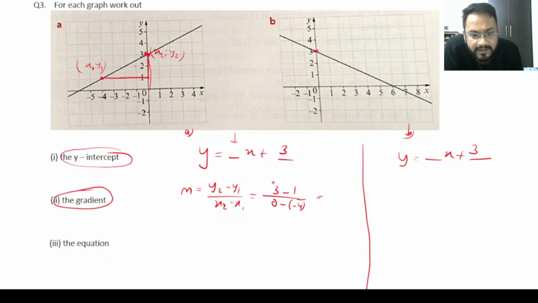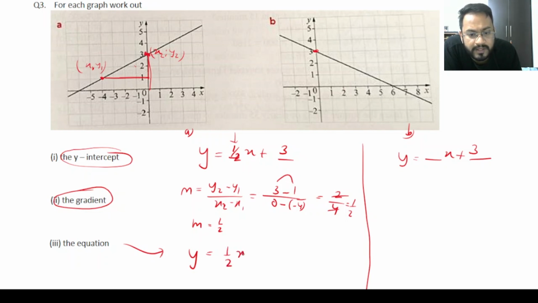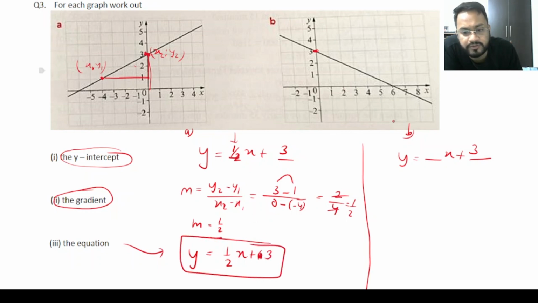By that way, if we cancel like terms, it will be 2 upon 4, and if I cancel it again, it is 1 by 2. So our final answer for gradient is 1 by 2. Hence we'll put it here, 1 by 2. So by that way we found the first equation, that is y is equals to 1 by 2x plus 3, right? So this is how we found the first equation.